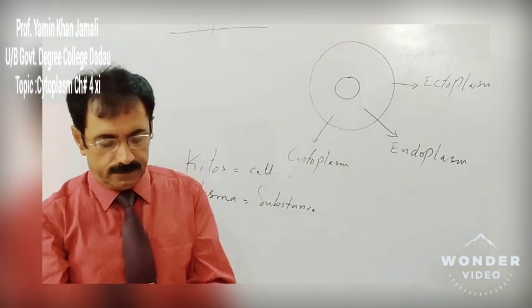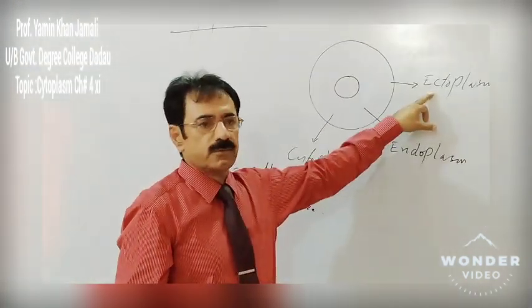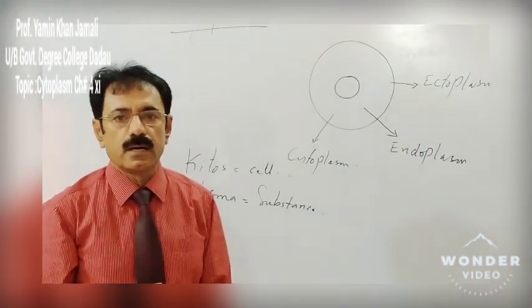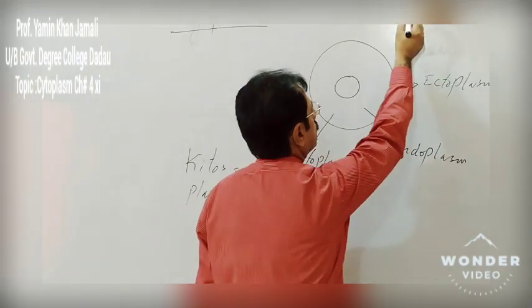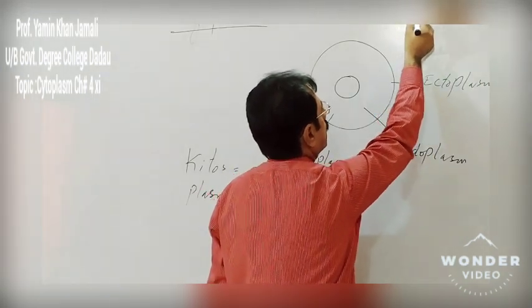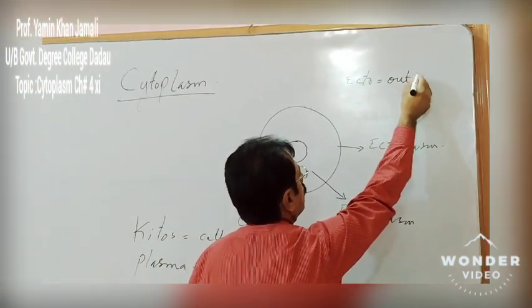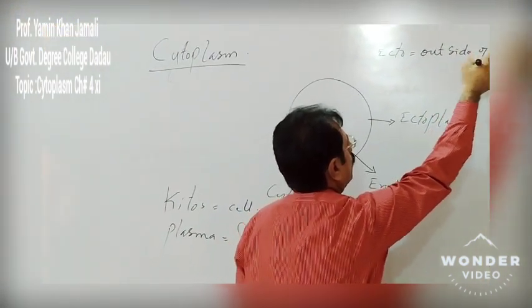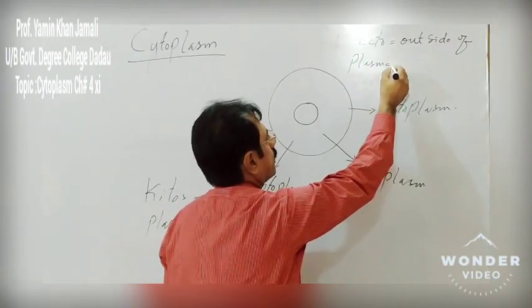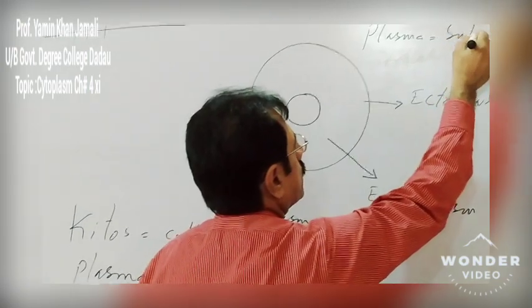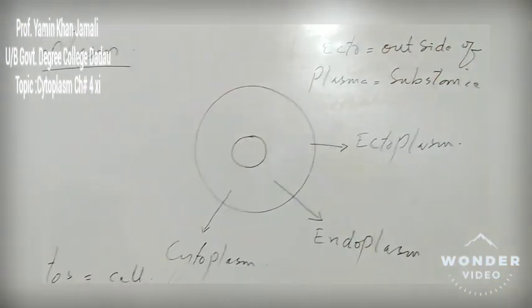Ectoplasm is the combination of two words. Ecto means outside of, and plasm is taken from plasma, meaning substance, so outside substance.